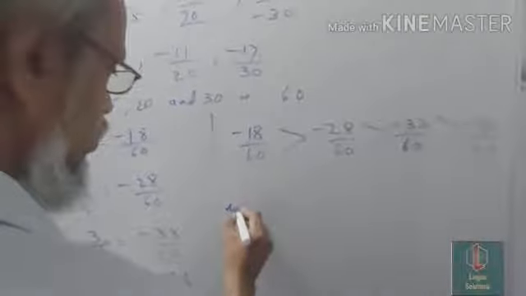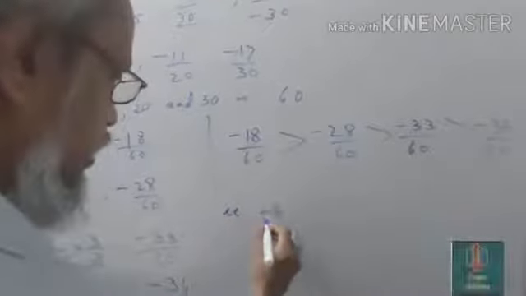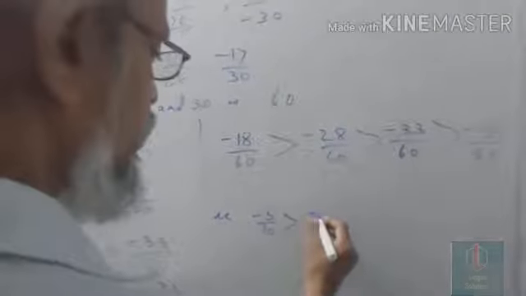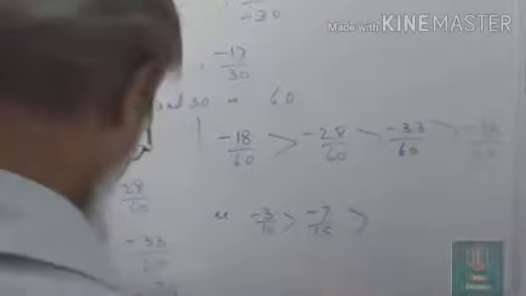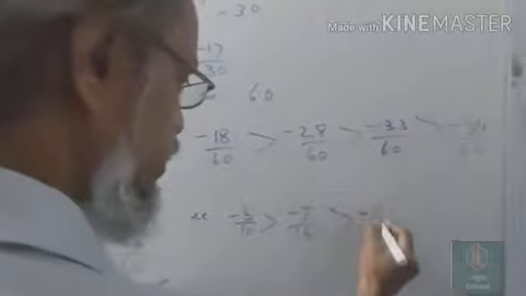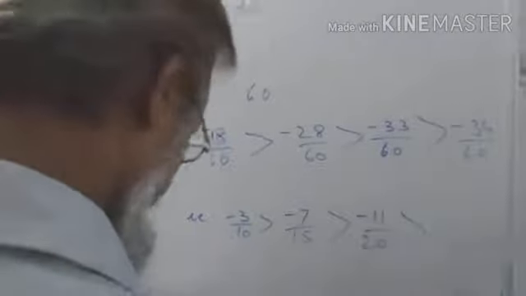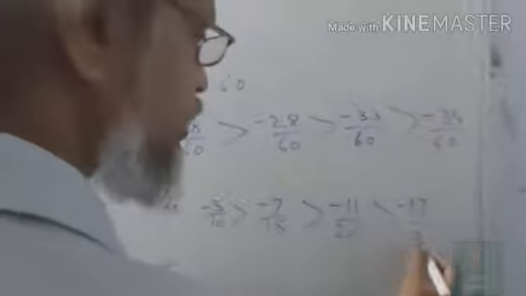That is, now we write in the question terms. Minus 3 by 10 is greater than minus 7 by 15 greater than minus 11 by 20 is greater than minus 17 by 30. This is the answer.